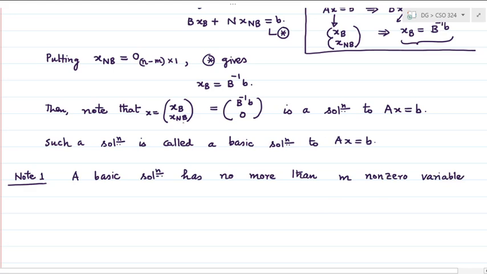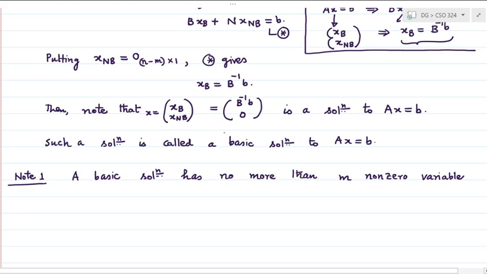Because you are putting all the values of all the variables in nb as 0, and therefore no more than m non-zero variables are possible in a basic solution. In a basic solution, the number of non-zero variables is less than or equal to m, but there can be a possibility that the number of non-zero variables in a basic solution is less than m, because some of the values of this B inverse b can be 0.